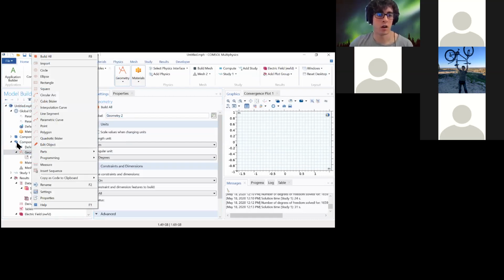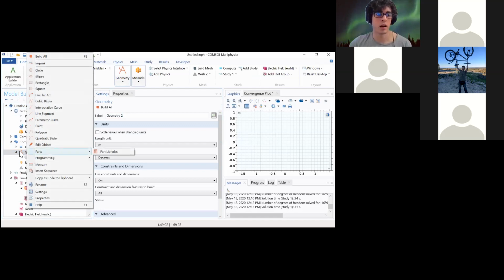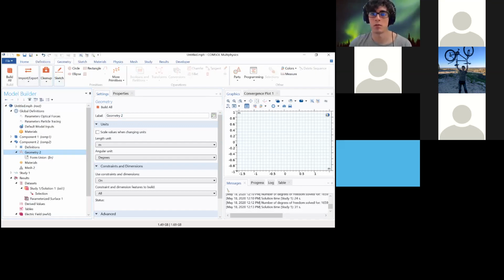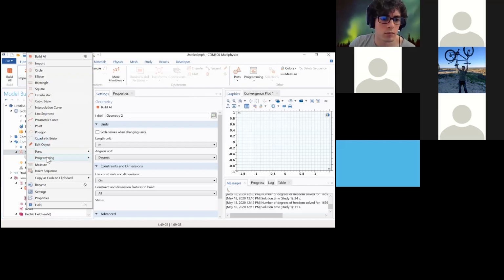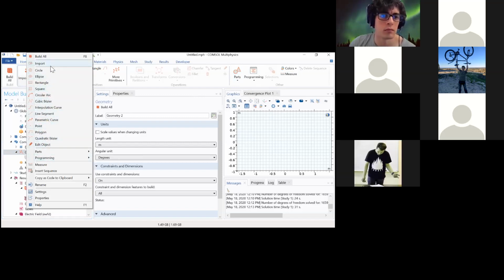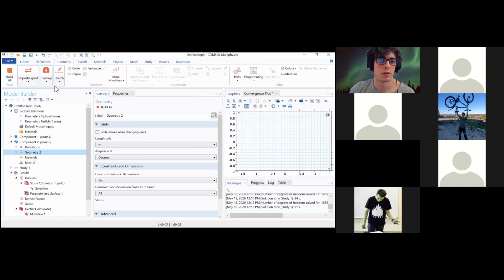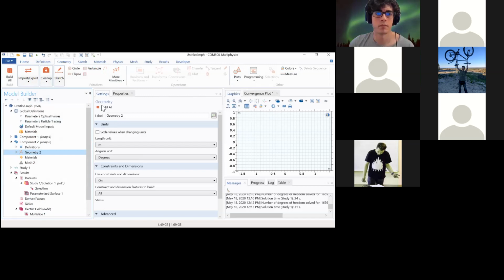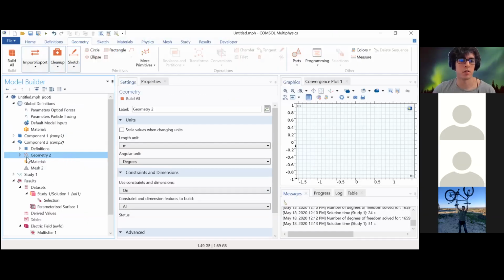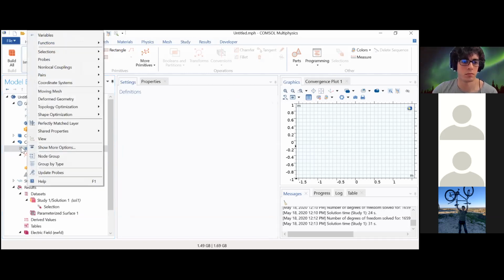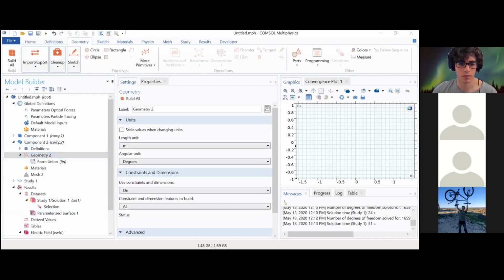So here, in the geometry of this second component, let's go to geometry here, it's easier.